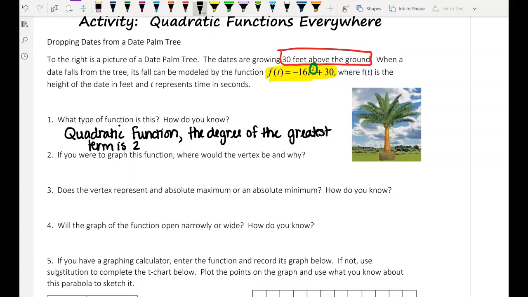If we were to graph this function, where would the vertex be and why? Gurpreet, what would be the vertex of this function and why?